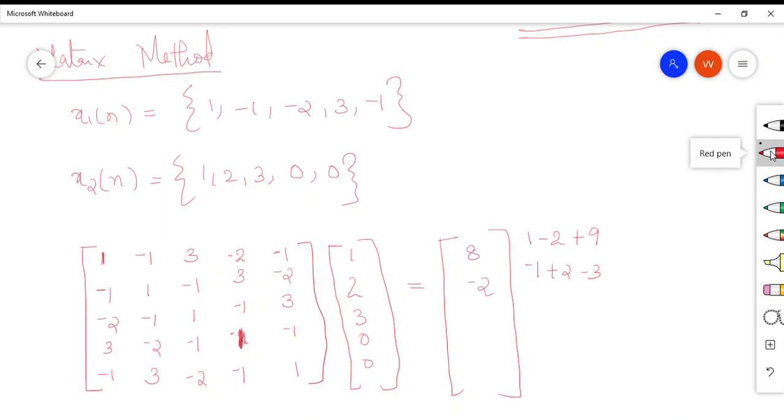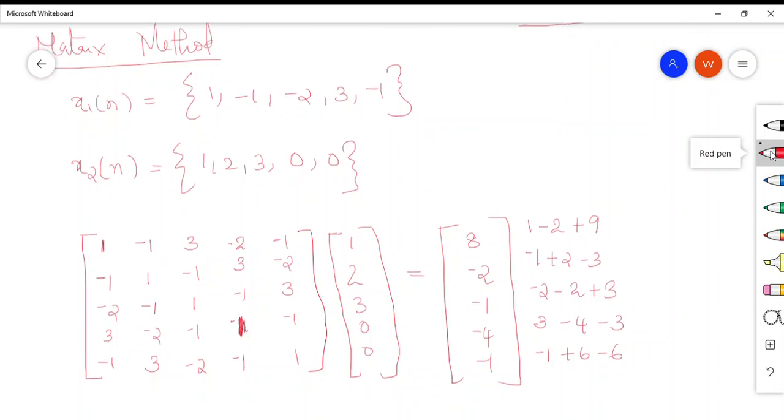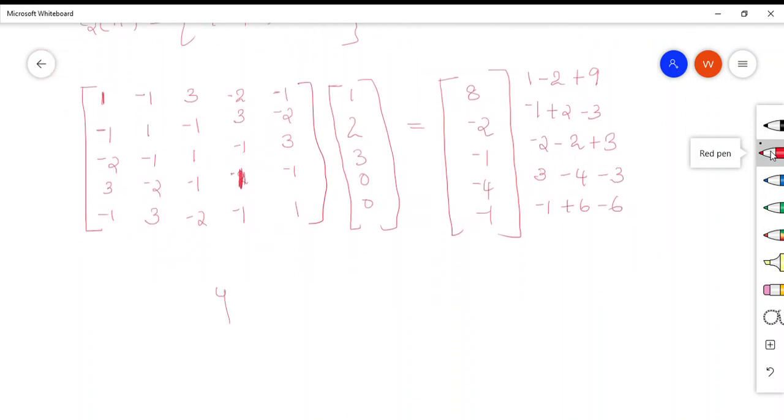Then you have minus 2 plus 3, so it is minus 1. Now you have 3 minus 4 minus 3, so it is minus 4. Then you have minus 1 plus 6 minus 6. The answer is minus 1. So now your y of n is equal to 8, minus 2, minus 1, minus 4, minus 1. So this is the matrix method.